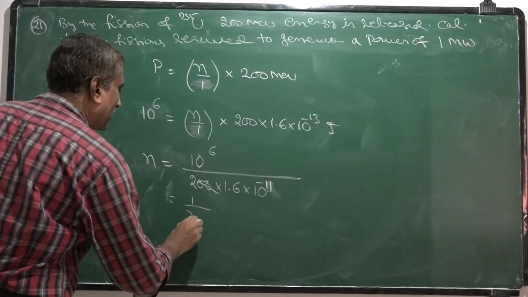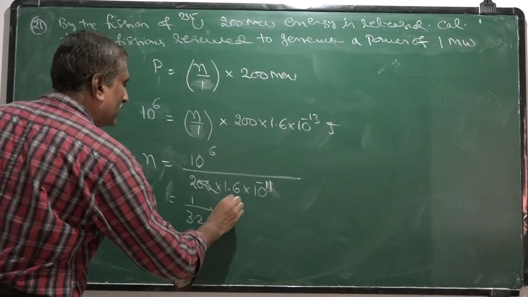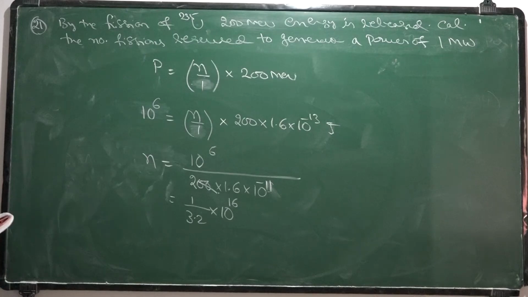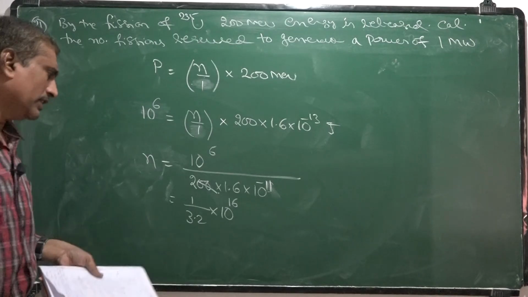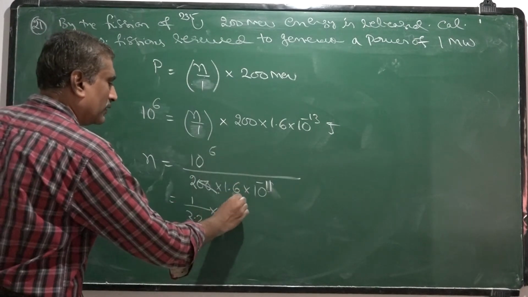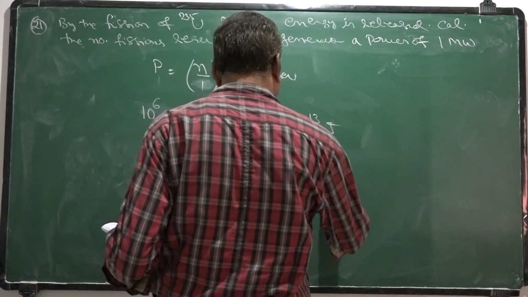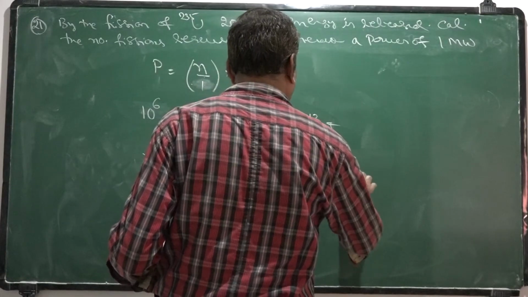That is 1 by 3.2 into 10 power 16. Sorry, 10 power 17. And this is approximately equal to 1 by 3.2 into 10 power 17.